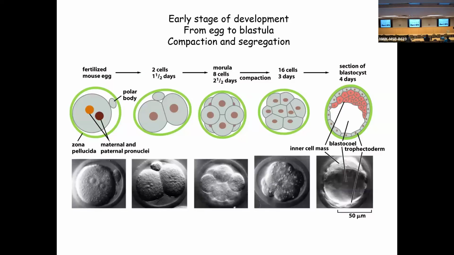One is, as you can see, this is at the right size of the egg, of the embryo, etc. So we have a giant cell here, and we have 32 cells here, that is contained in a layer of glycoproteins called the zona pellucida.